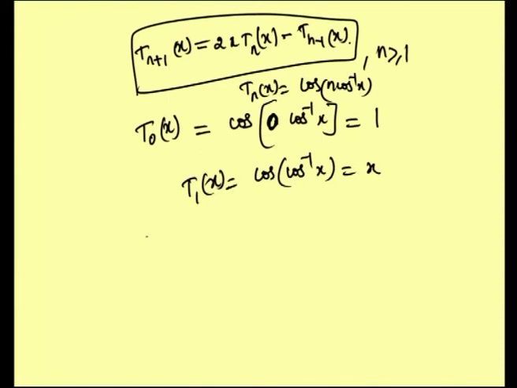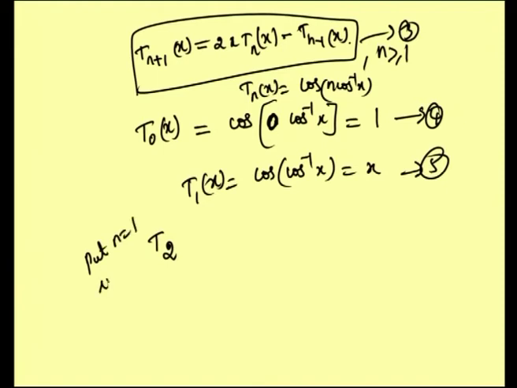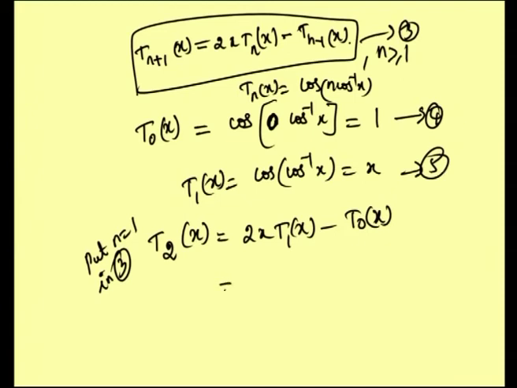From this we can find T2 of x from equation 3. Put n equal to 1 in equation 3: 2x T1 of x minus T0 of x. Now substituting for T1 of x and T0 of x from equations 4 and 5, we get 2x into x minus 1, so 2x square minus 1 is T2 of x.